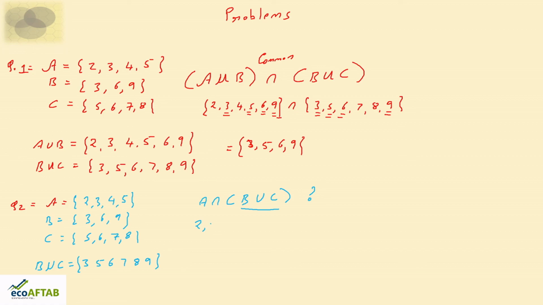Set A is 2, 3, 4, 5. A intersection B union C. Here we need to see what is common. 3 is common. Anything else? Yes, 5 is common. Nothing else is common. So our answer will be 3, 5.